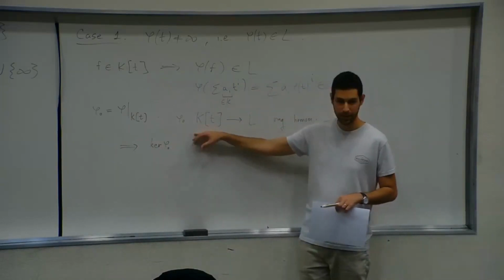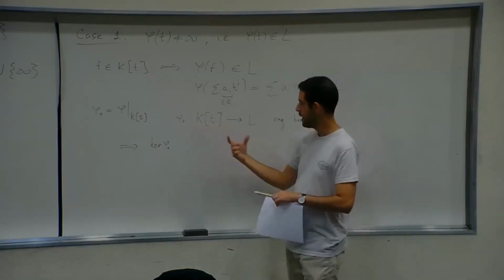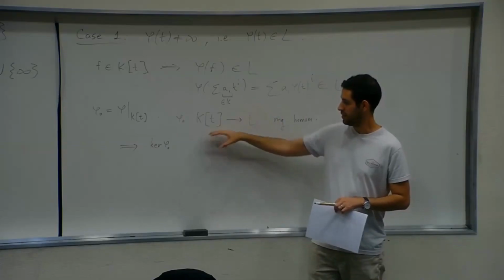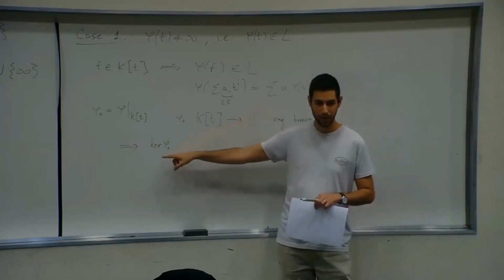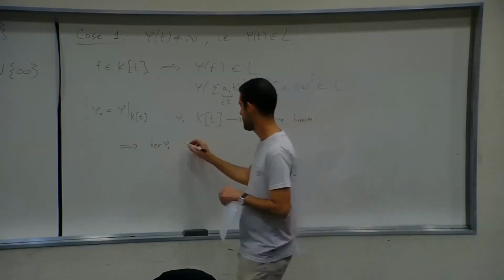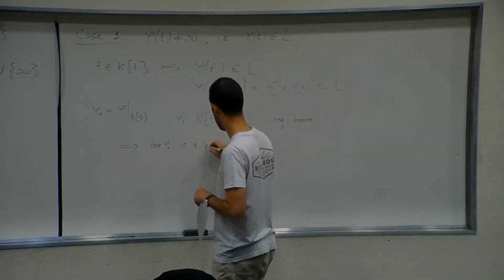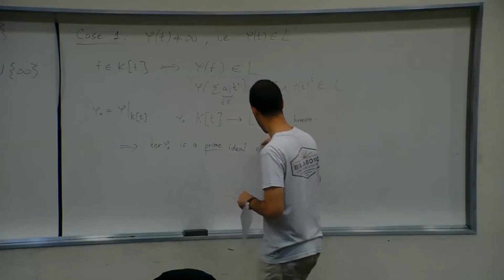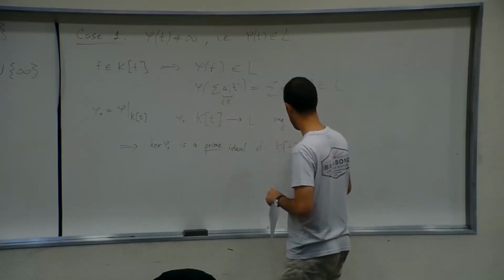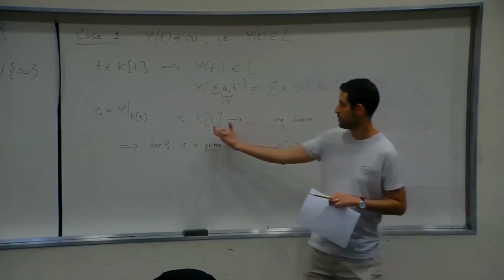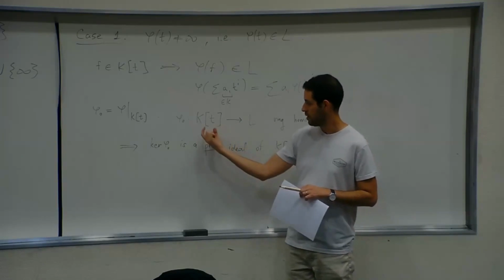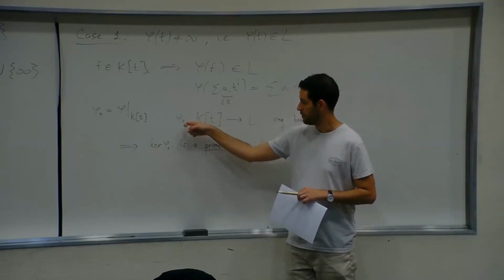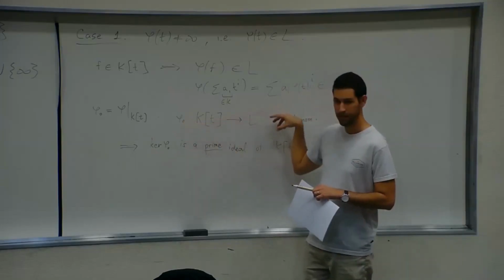Okay, so the kernel is always an ideal, and remember, if L is a field, what can we say about this? Not just an ideal, but prime. Because if we take fg in the kernel, then phi of fg is 0.